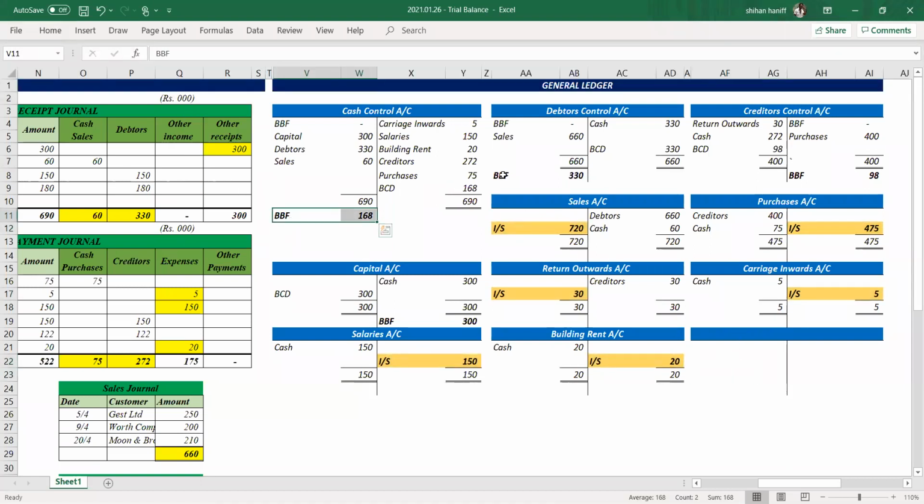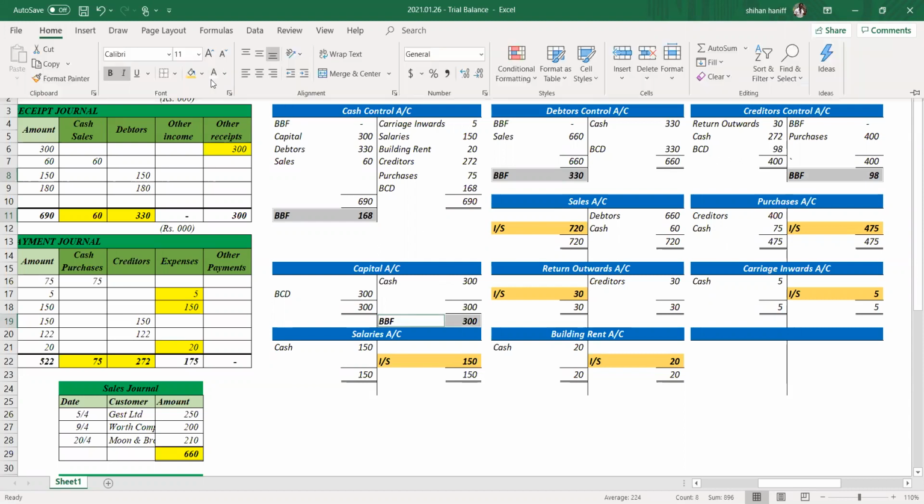Assets, liabilities, capital, we transfer to the statement of financial position, these balances.